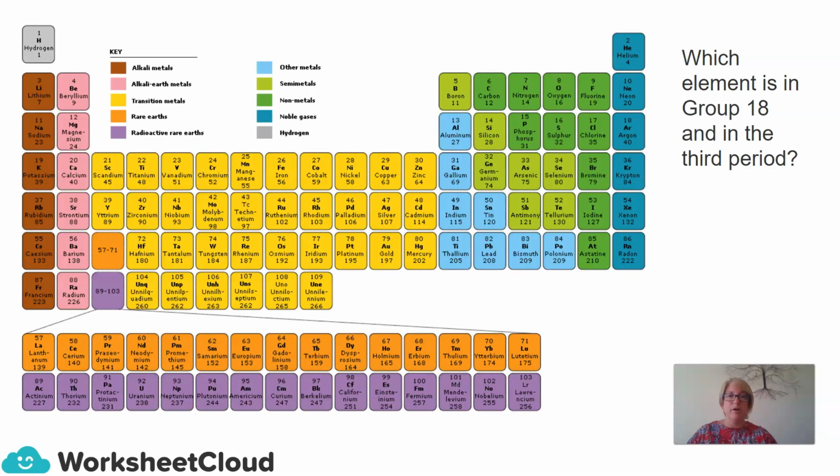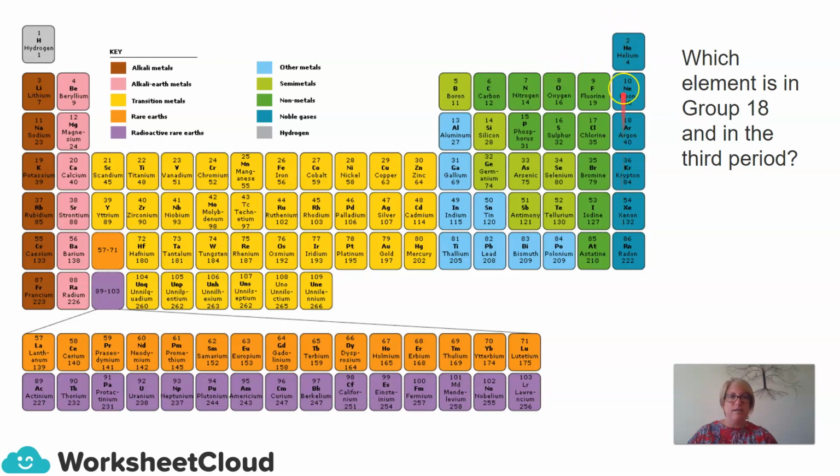So which element is in group 18 and in the third period? So here's the periodic table. See if you can work it out. So it is group 18. So 1, 2, 3, 4, 5, 6, 7, 8, 9, 10, 11, 12, 13, 14, 15, 16, 17, 18.